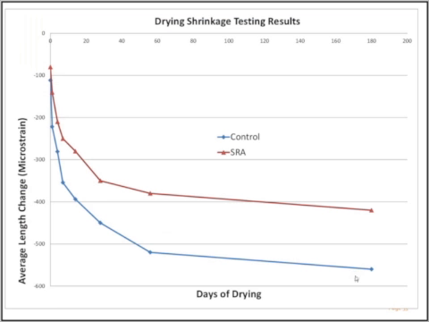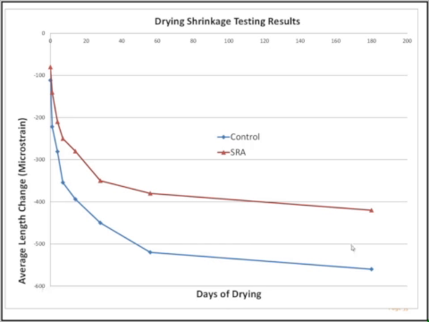This chart shows the effect of shrinkage reducing admixtures on the drying shrinkage of concrete, as I was previously talking about. On our x-axis, we have drying time in days, and on our y-axis, we have the shrinkage measured in microstrain, basically change in length per unit length.